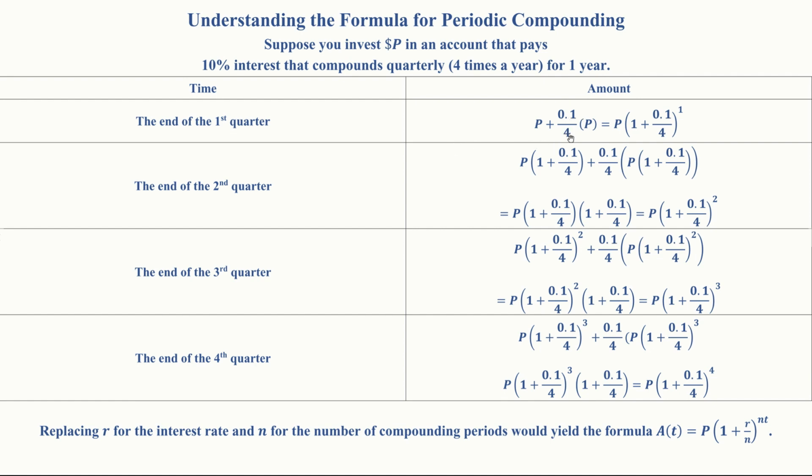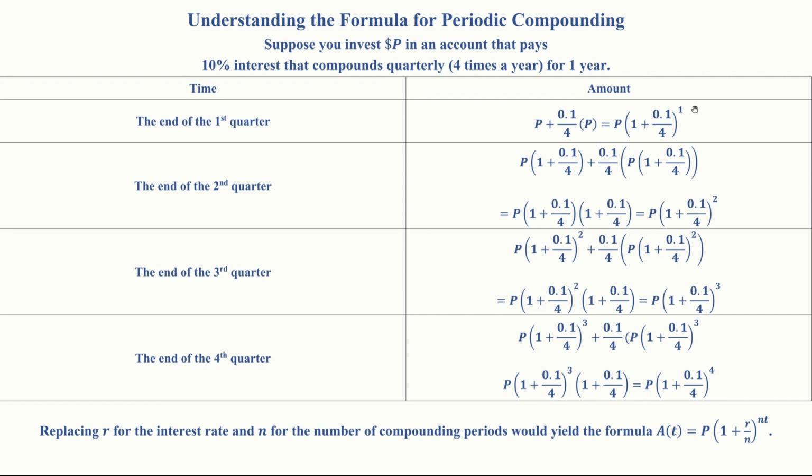You're going to get paid 1/4 of that 10%, and you're going to multiply that by P. Again, it's going to be this interest rate amount times P. So if you factor out a P, notice that you end up with 1 plus 0.1 over 4, and I put a 1 here for emphasis.